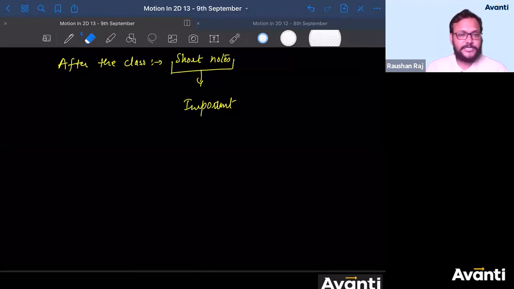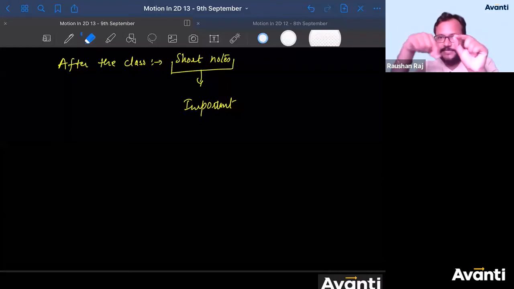But as the name suggests, short notes should be used only for the basic revision of the concepts. You cannot add all the questions there. So what you have to do, whatever the reference book that you're having, mark the important questions there. And while revising a chapter, you should go to those problems, revise it, go to the next marked problem, revise it. That's it.